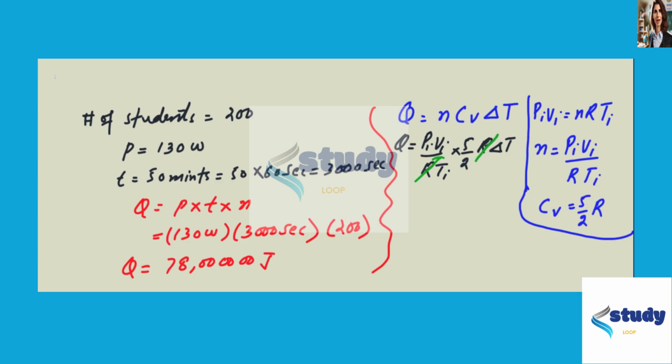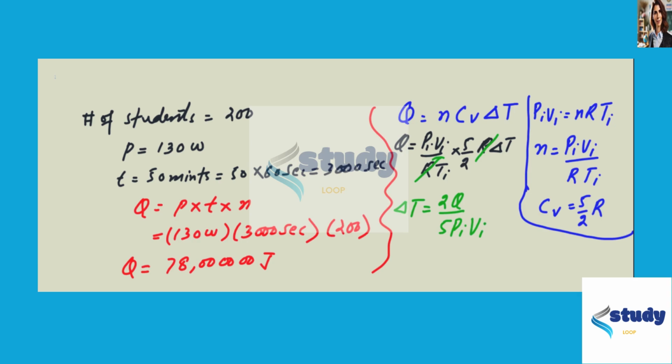So this gives us change in temperature equal to 2Q upon 5 into P initial into V initial.